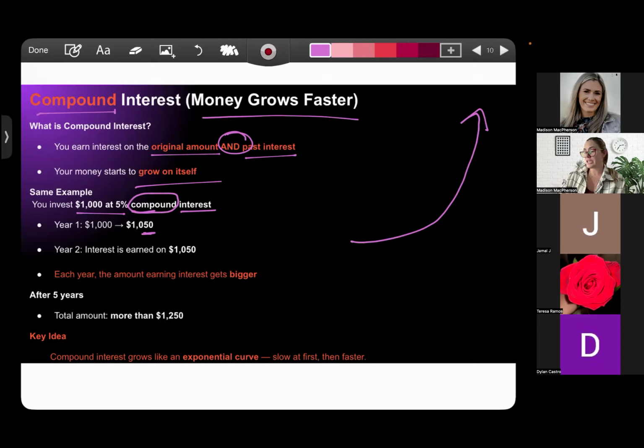But the next year you're going to take 5% of this new number. Okay, so 5% would be 0.05 times 1050. That next year, let's see what we're making.